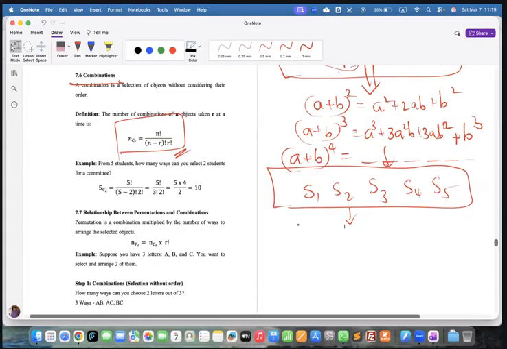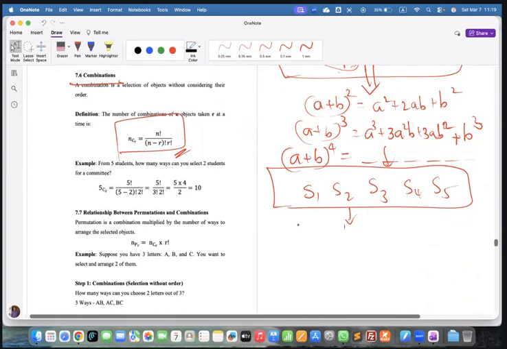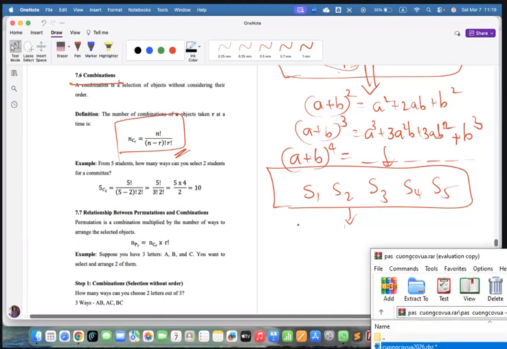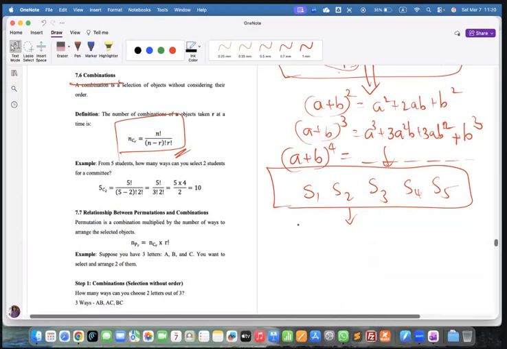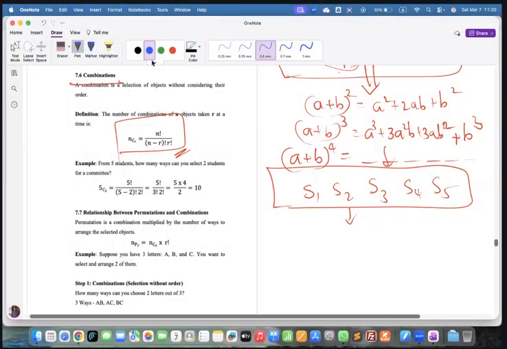Now tell me how many possible ways you can select them. It means how many options you have to select these 2 students. From these 5 students, you need to select 2 for some purpose.